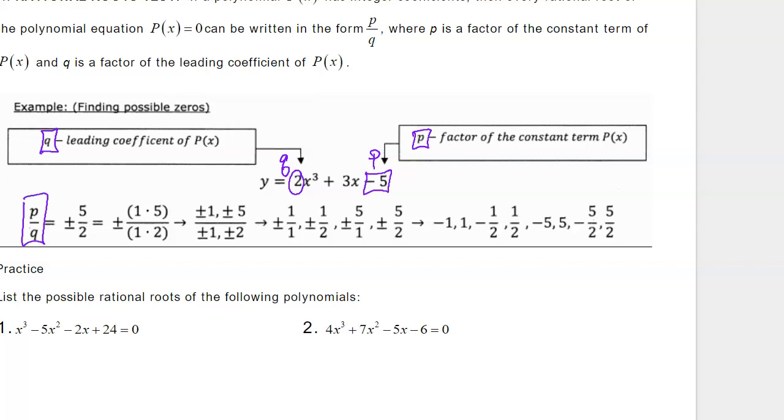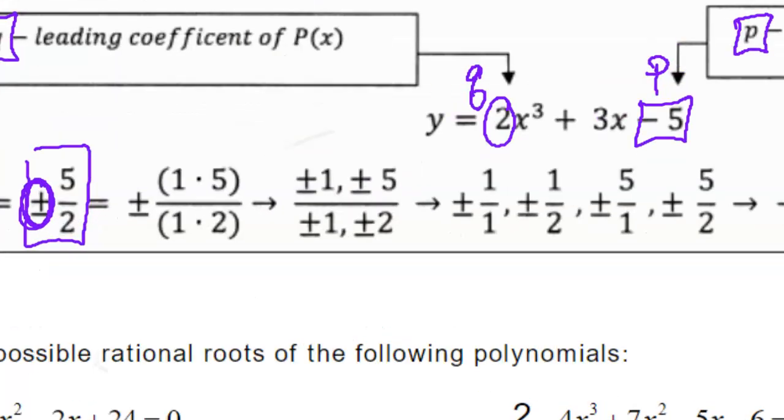So we have P over Q. We are always going to have to deal with both the positive and negative versions of these numbers. So we place the 5 over the 2, and it's plus or minus 5 over 2.